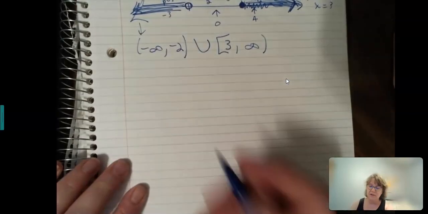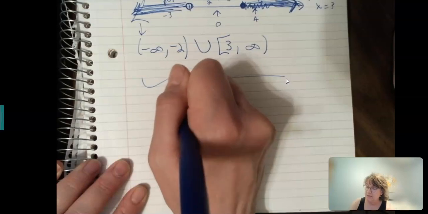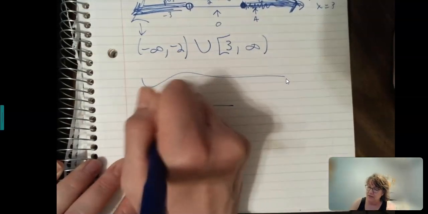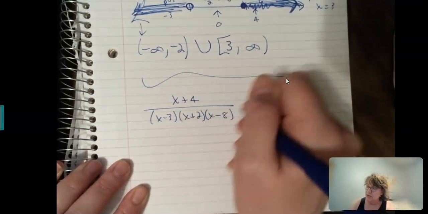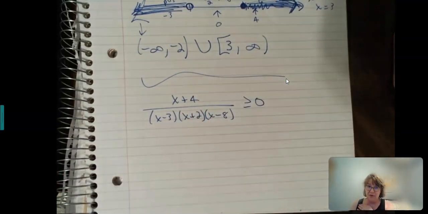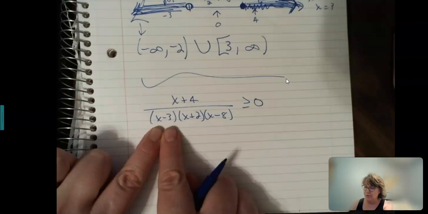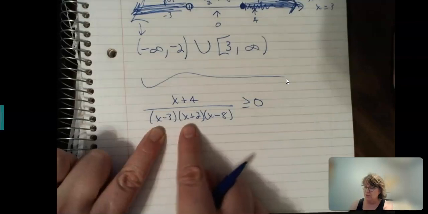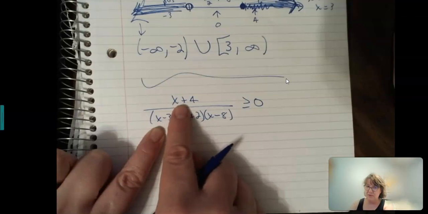Just know on this one, if you have something like x plus 4 over x minus 3 and x plus 2, x minus 8, and you have to get it greater than or equal to 0, then you would have vertical asymptotes at whatever causes 0: 3, -2, +8, and then you would have to set the numerator equal to 0 to get a -4.